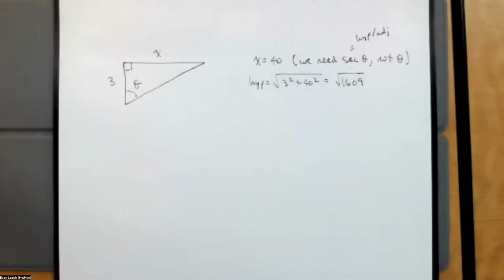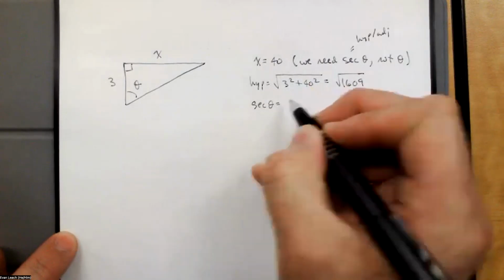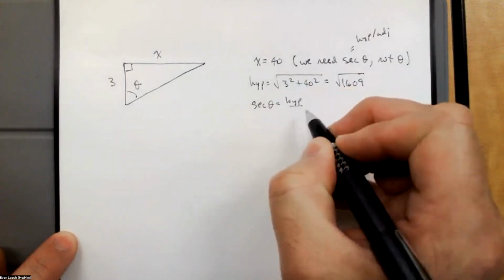Four squared is 16 with 2 zeros plus 9. So square root of 1609. So the secant of theta is hypotenuse over adjacent.